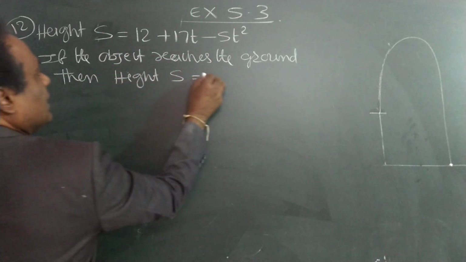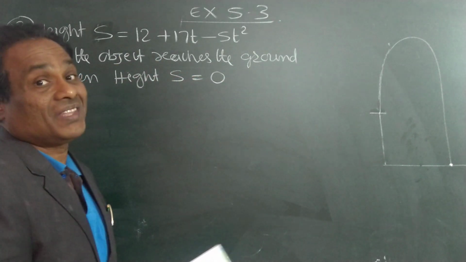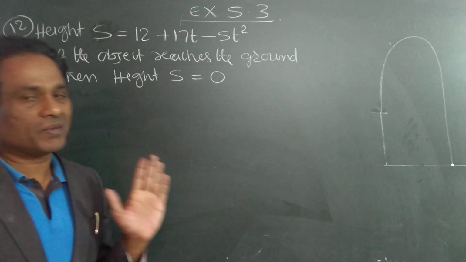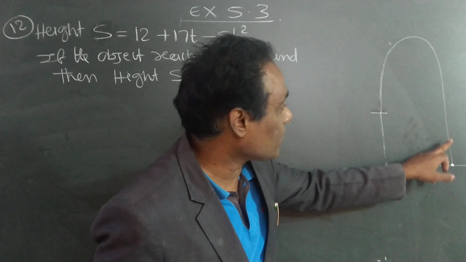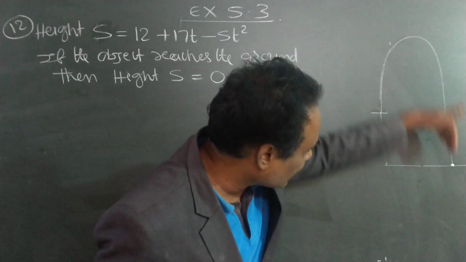So height will be zero. This point you have to remember. When the object reaches the ground, what is the height of the object from the ground? No height, because it is on the ground.